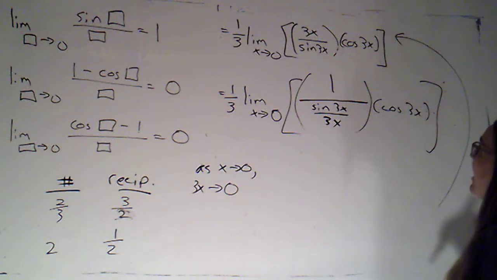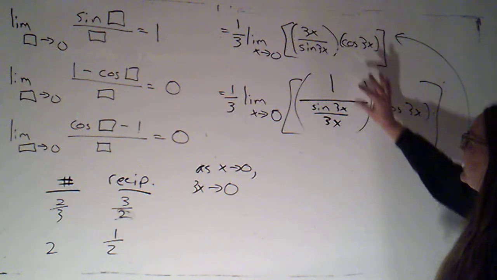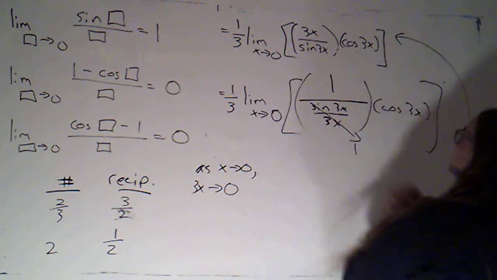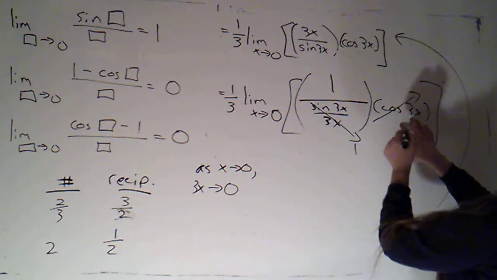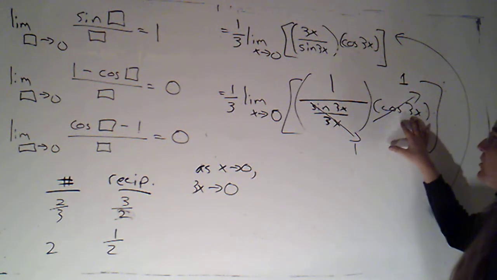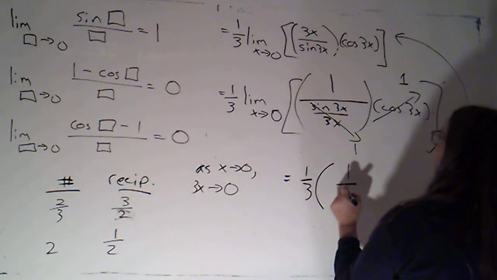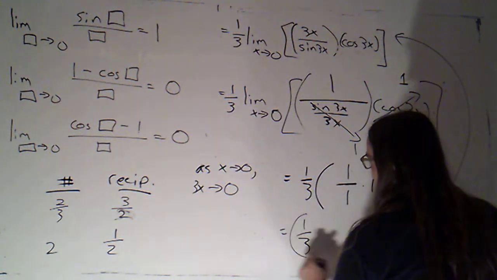So now I can say, oh, this is fabulous. The top here is just 1. This piece I can now say is going to 1. This piece I can now say is also going to 1 because cosine of 0 is just 1. So I can say this is 1/3 of 1 over 1 times 1. This is just 1/3.